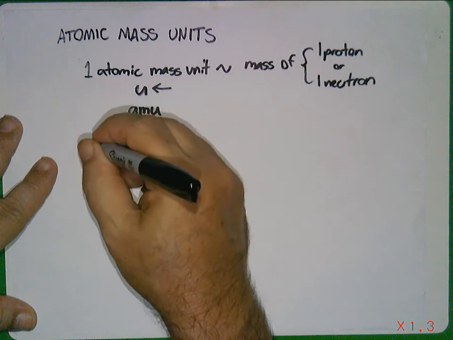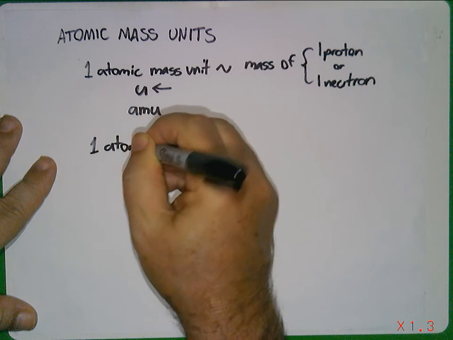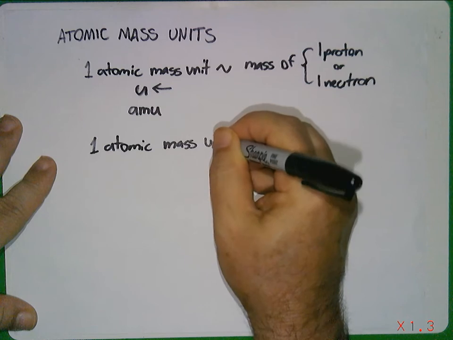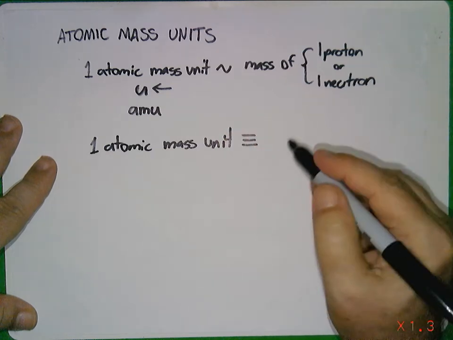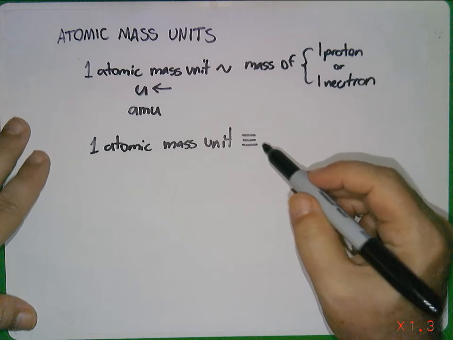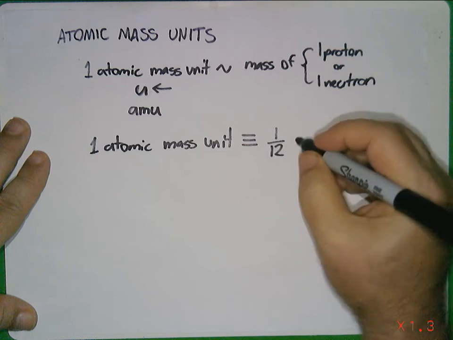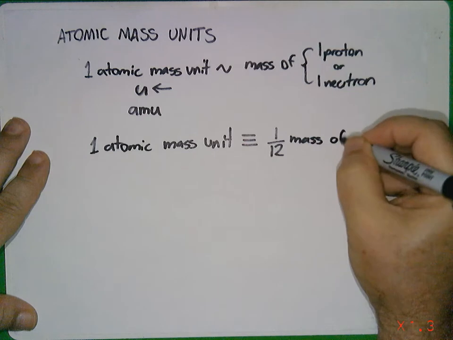So they redefined an atomic mass unit. This equal sign with an extra bar on it means defined as: it is 1/12 the mass of a carbon-12 atom.